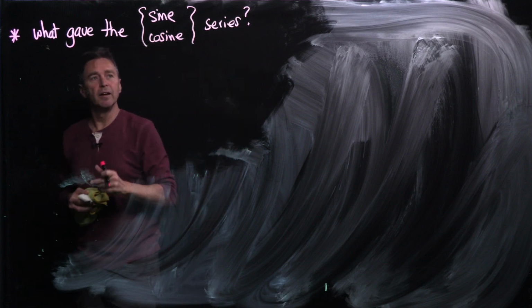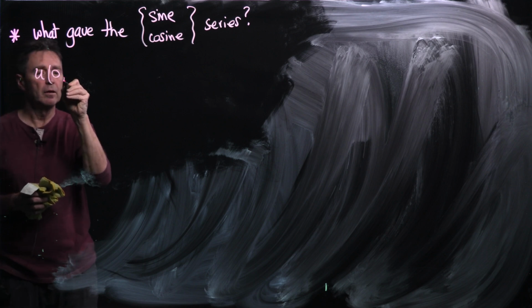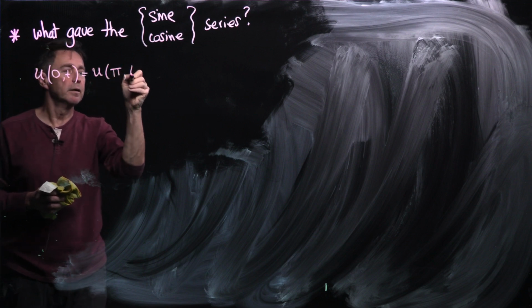In the first problem, we had u of 0 and t is equal to u of pi and t is 0.